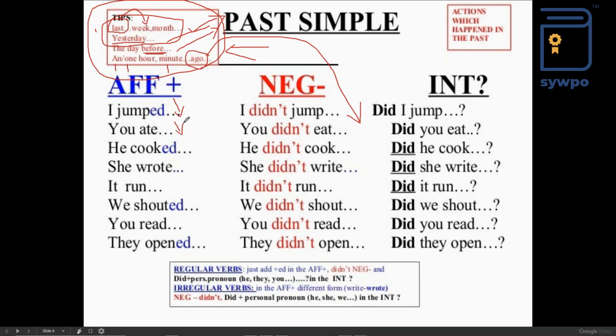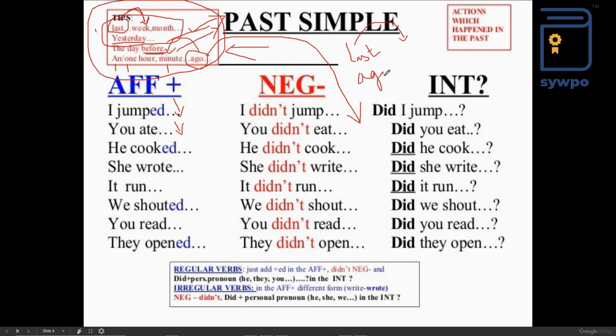The time words will come at the end, and ago will always come at the end, and before ago you have the time word. But after last, you have the time word. I will write it here one more time so that you can understand. Last, we have time word after this.